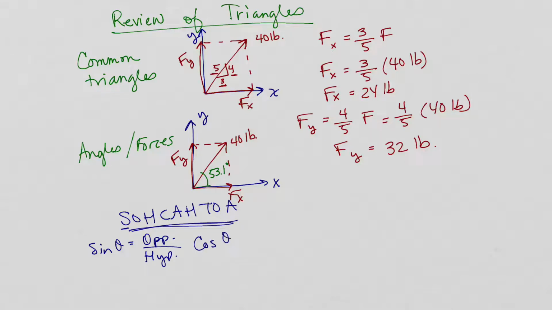Cosine of that angle equals adjacent over hypotenuse. And tangent of that angle equals opposite over adjacent.